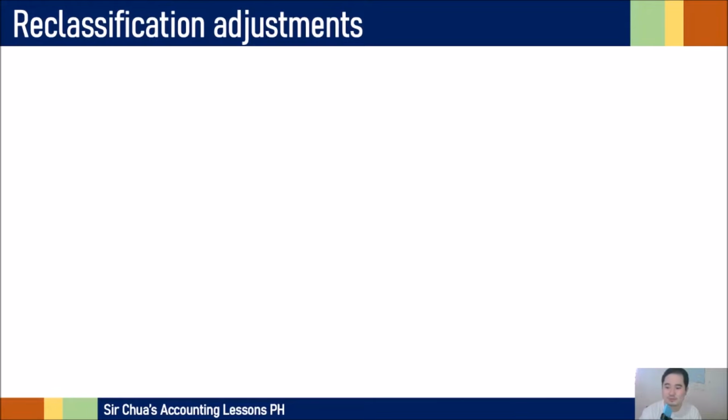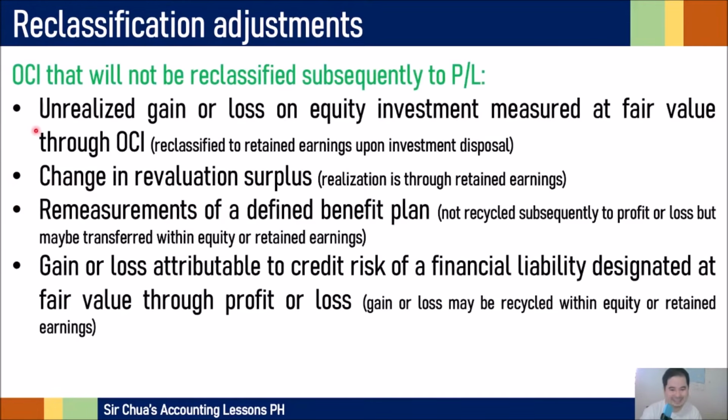Ano naman po yung mga OCI na hindi natin pwedeng i-reclass to PL? Unrealized gain or loss on equity investments measured at fair value through OCI dahil po upon disposal of that investment, diretso po ang reclassification niya sa RE, retained earnings. Okay, and then change in revaluation surplus, diretso rin po yan sa RE.